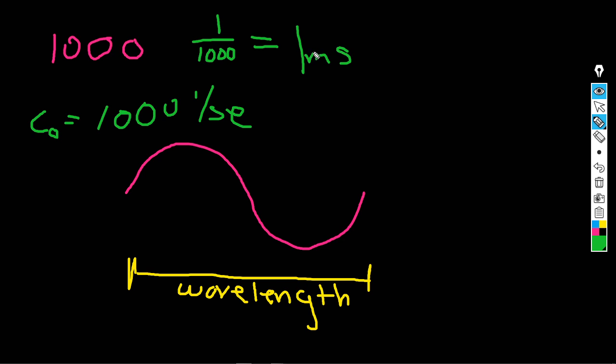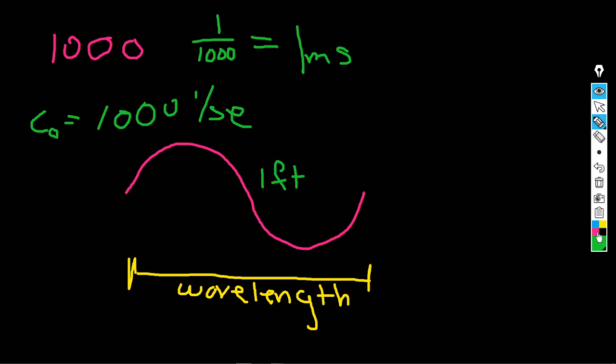You simply multiply 1 over the frequency to get the time of one cycle, multiply it by the speed of sound, and 1/1000th of a second times 1,000, so this wavelength for a 1 kilohertz signal would be 1 foot. So from the start to the end of that is 1 foot if the speed of sound is 1,000 feet per second for a 1 kilohertz signal.